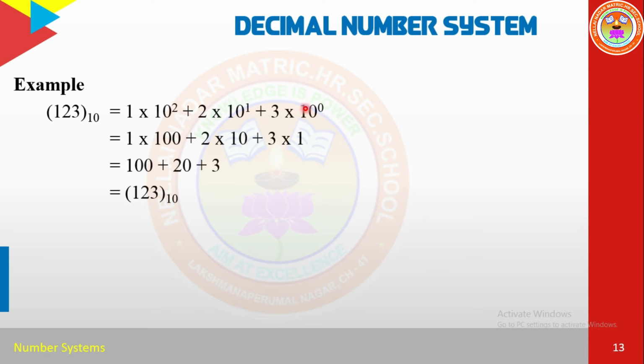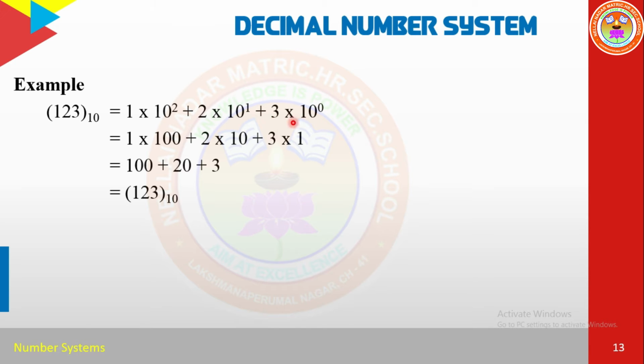So that's why I am putting the value 10 power 0. Understood? This is the starting, the 0th position, and this is a decimal number, so we mention the position value as the power of the base.